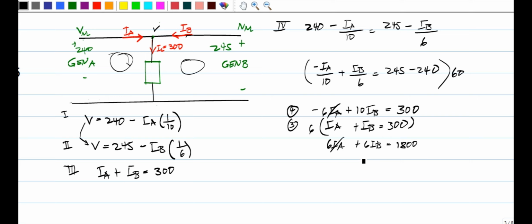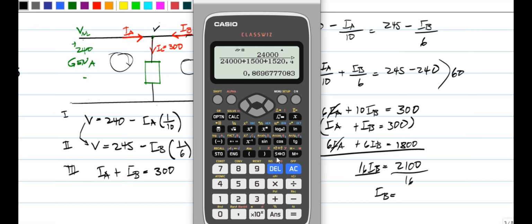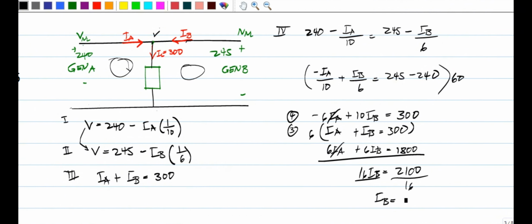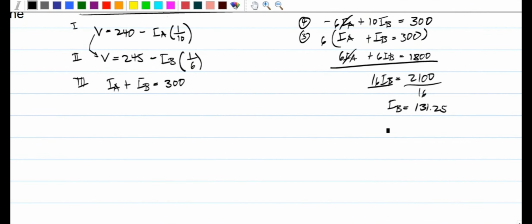Cancel. 16IB is equal to 1800 minus 300, 1500... We have IB of 168.75.